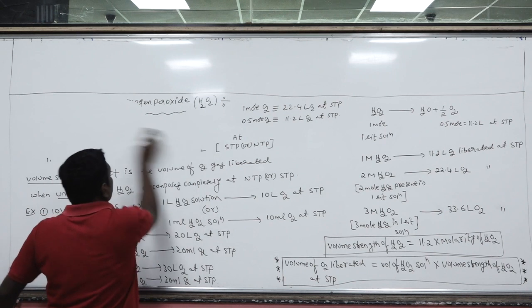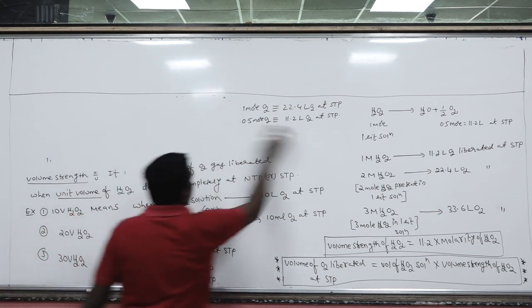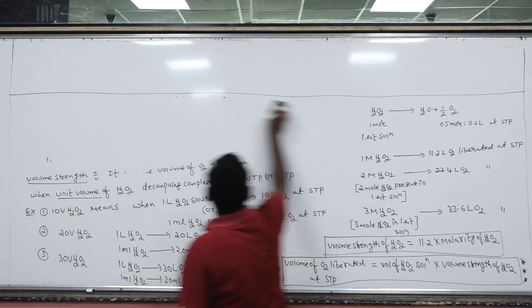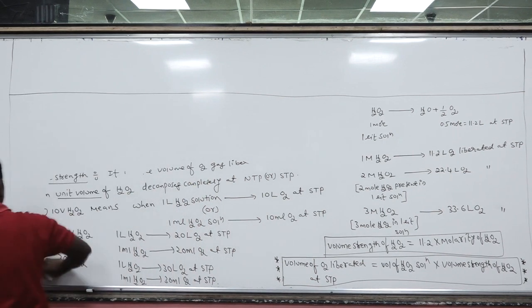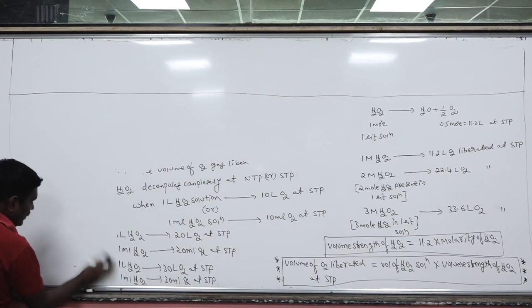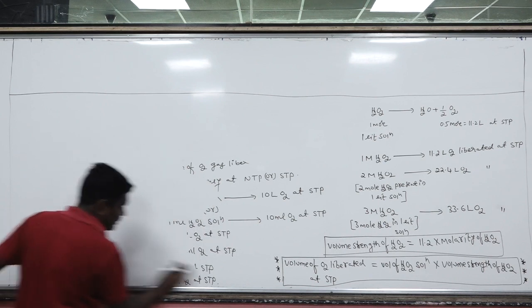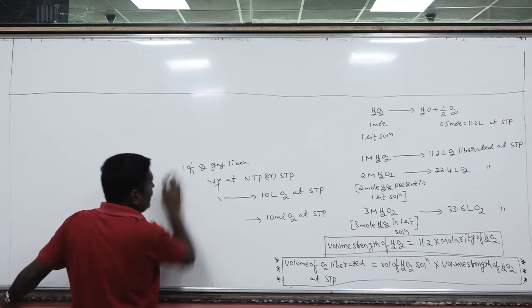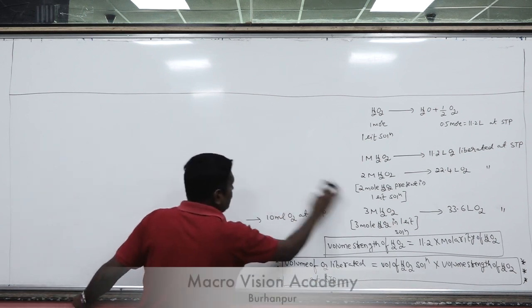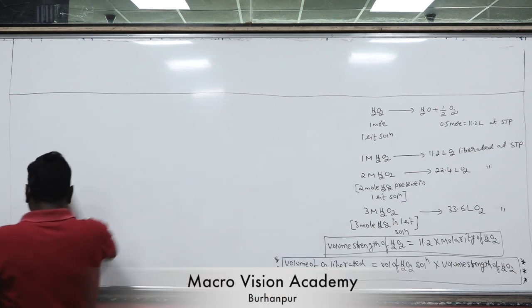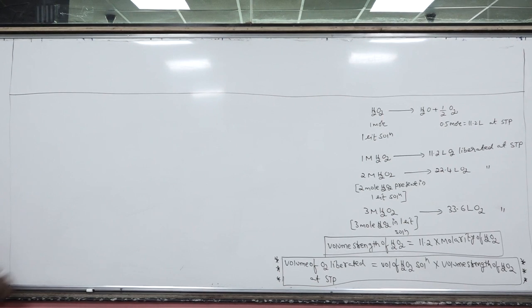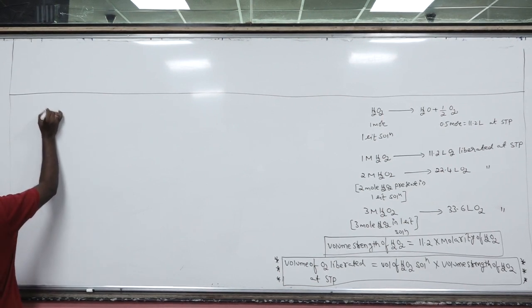Volume strength is equal to molarity into 11.2. Volume strength is equal to what? Molarity into 11.2. Now come to weight volume percentage. How to calculate the weight volume percentage? What is the molarity formula?